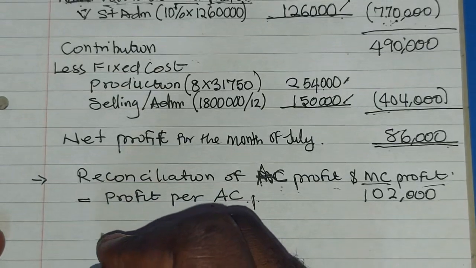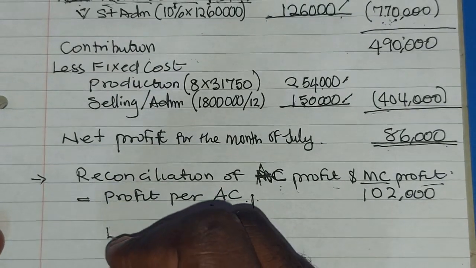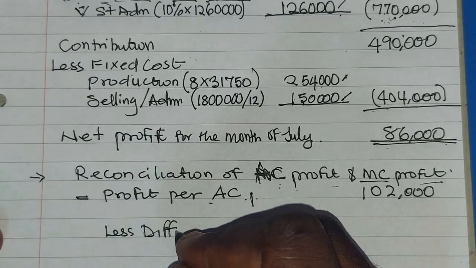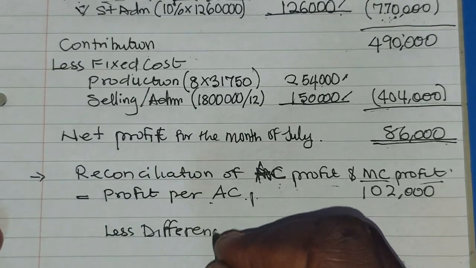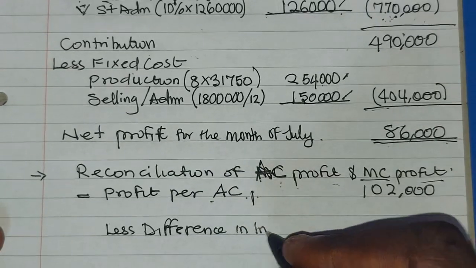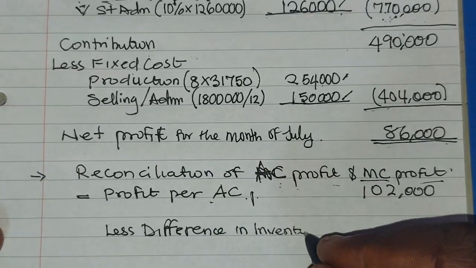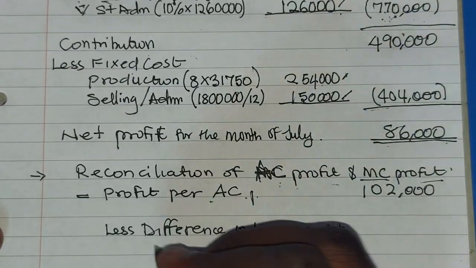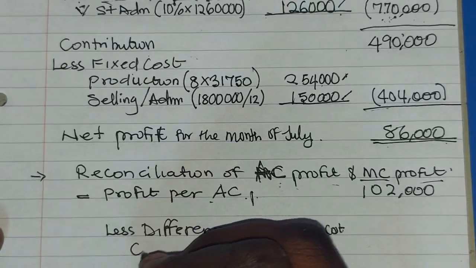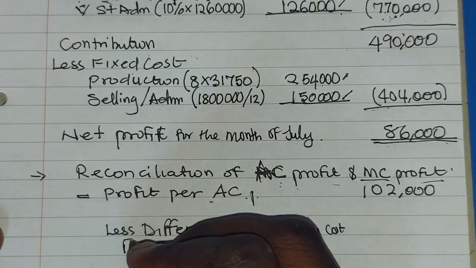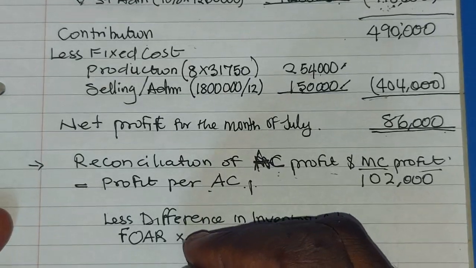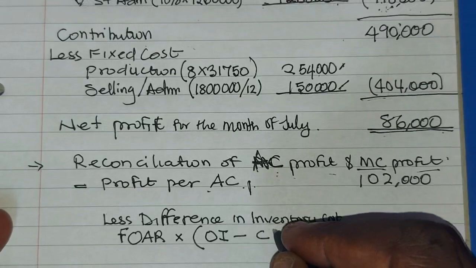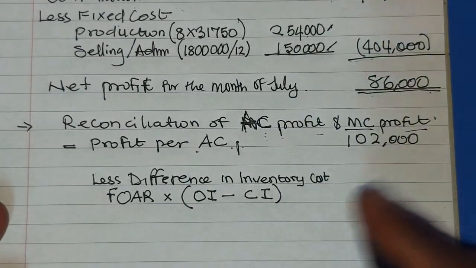You say less difference in inventory costs. So you say the fixed OAR multiplied by opening inventory minus closing inventory.